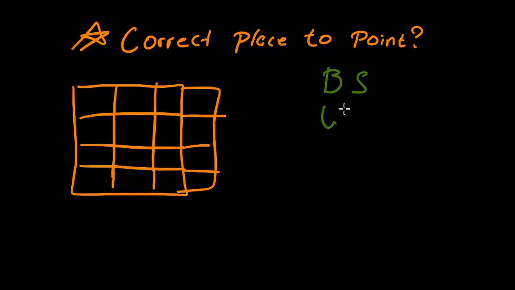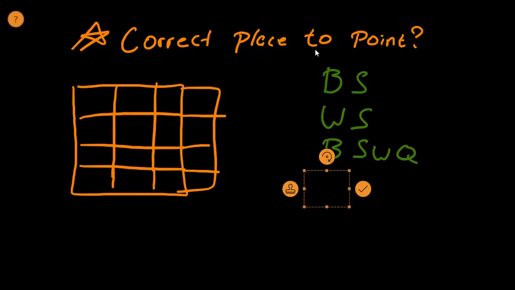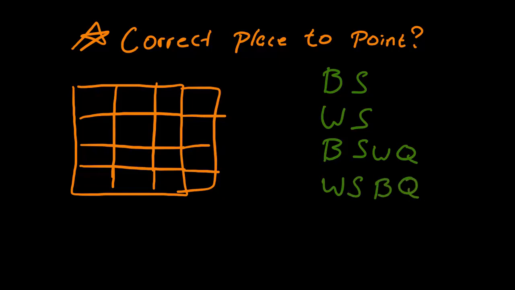So this is a black space, this is a white space, this is a black space, the white queen, and let's get rid of that. Then this is a white space with a black queen, and each one of these spaces is going to either point to one of those, one of these, or something like that.